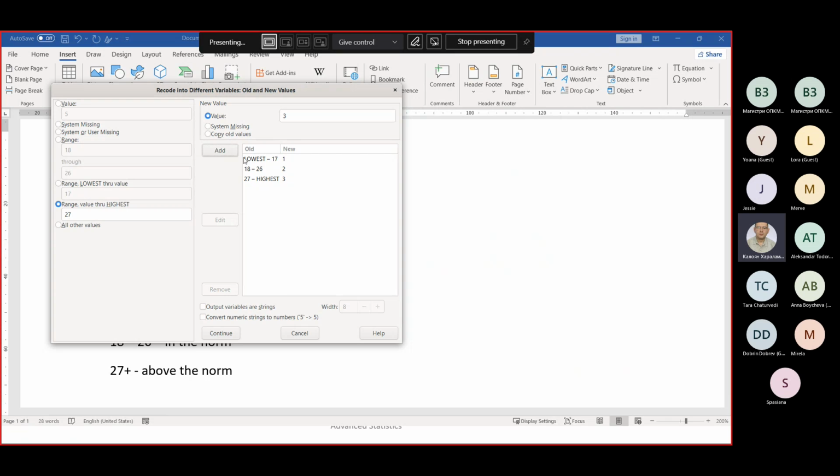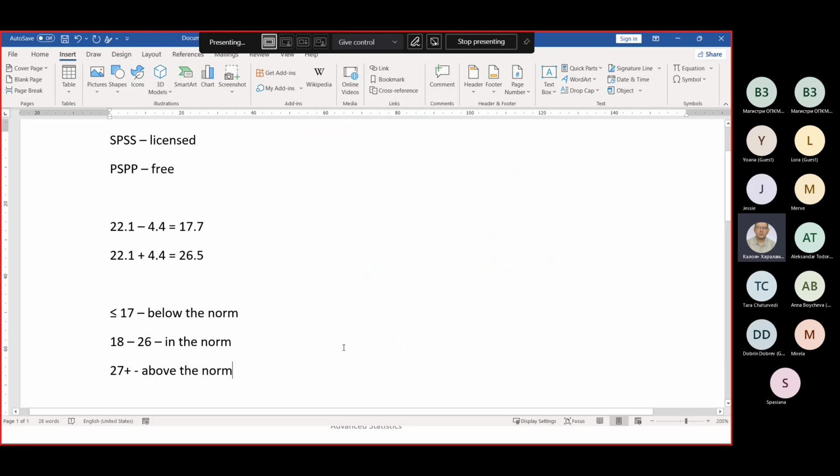So all values from lowest to 17 become 1. All values between 18 and 26 become 2. And all values between 27 and highest become 3. And then Continue.